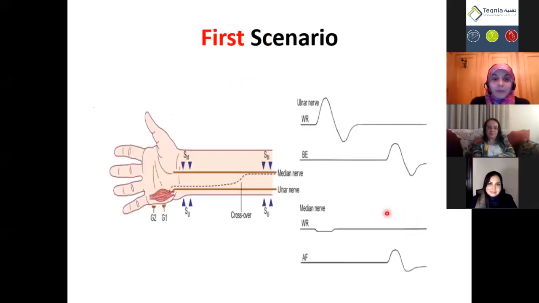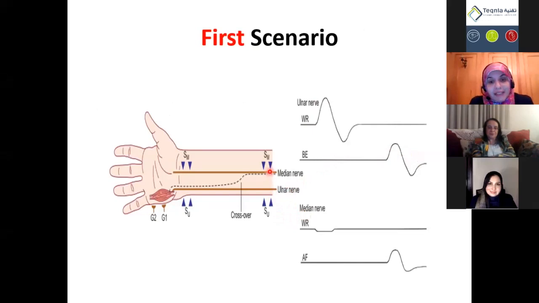In the first scenario, let's move part by part. We are doing routine ulnar. We stimulate the ulnar. At the wrist there is a large amplitude, normal potential. All the fibers are stimulated here. When I get here, some fibers are missing, so the amplitude at the below elbow is lower than expected. What I'm going to do is switch.